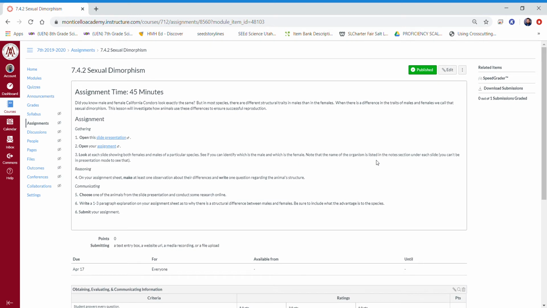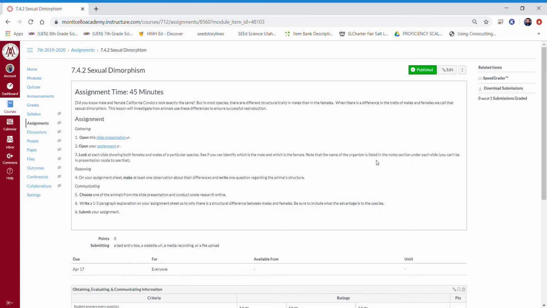7.4.2, Sexual Dimorphism. This assignment should take you at most 45 minutes, and it's pretty interesting when we talk about sexual dimorphism in animal species, because sometimes there are really big differences.